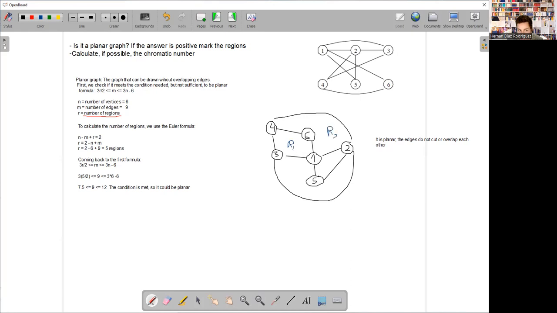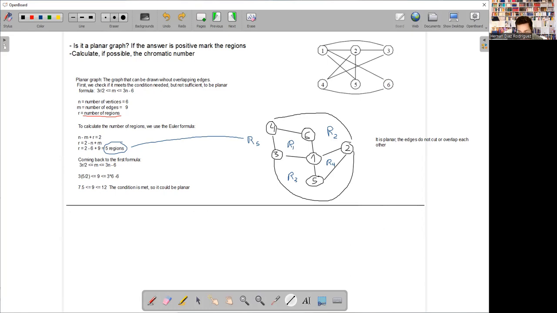This could be the second. This could be the third. And this could be the fourth. And then remember that the outside of the graph is the fifth region, right? So this is exactly what we got with the formula. Okay, so this is the answer to the first question.